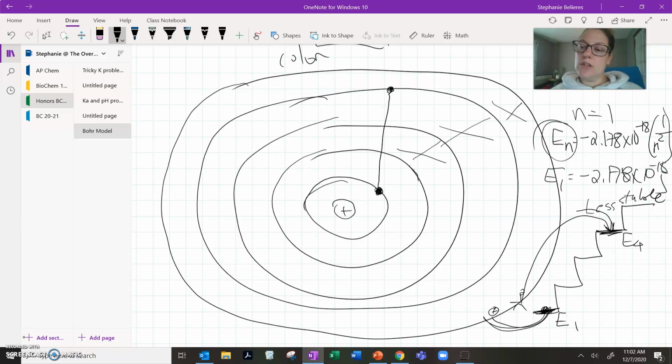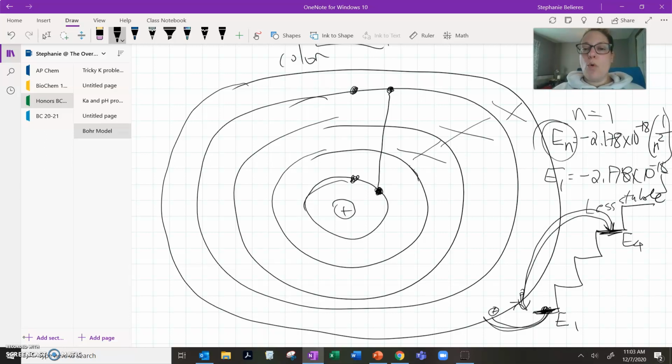So now it's going to jump back down to another level. And rather than requiring energy to do that transition, now you're going to emit that energy out of the atom. So let's say you started here on n equals 1 and you went here to n equals 4.